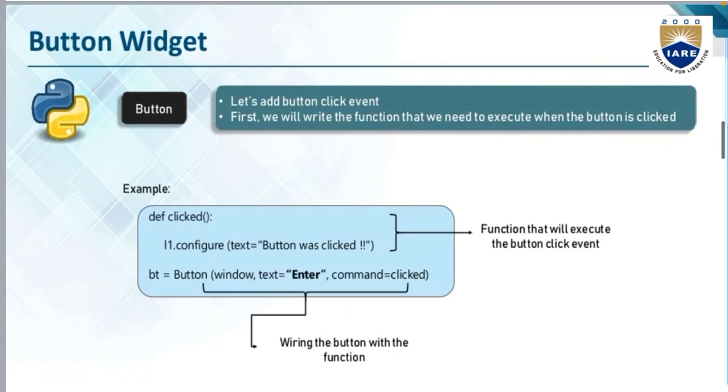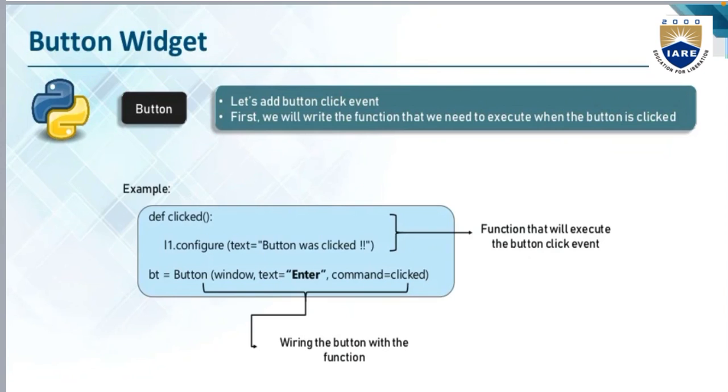Next, the button widget. Let's add some buttons and the events of the button when it's clicked. First we will write the function that we need to execute when the button is clicked. For example, we should define a function, namely clicked, by writing def clicked parentheses, followed by l1.configure of text equals to "button was clicked", and this will print on our shell.